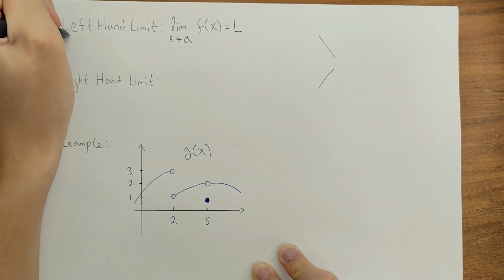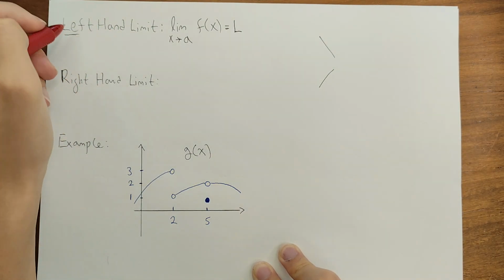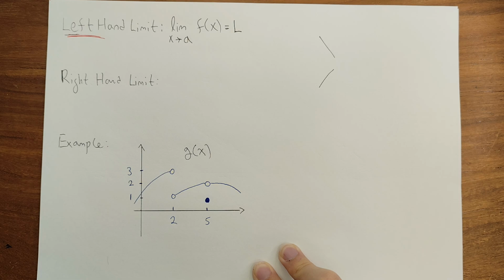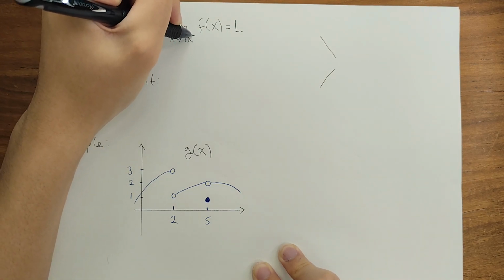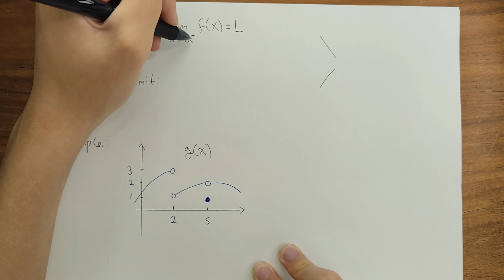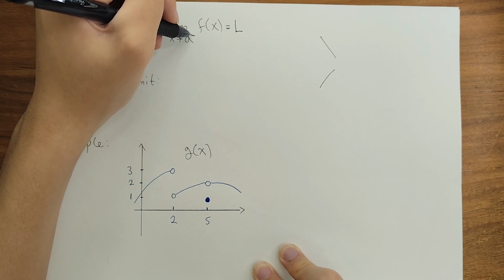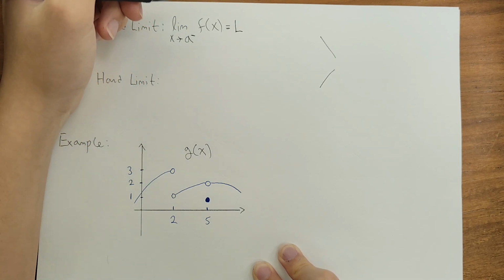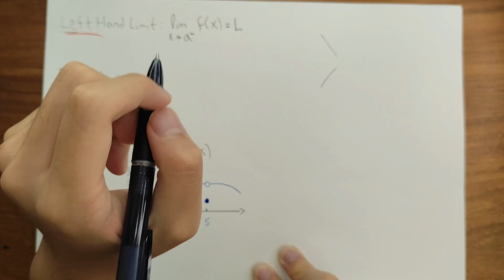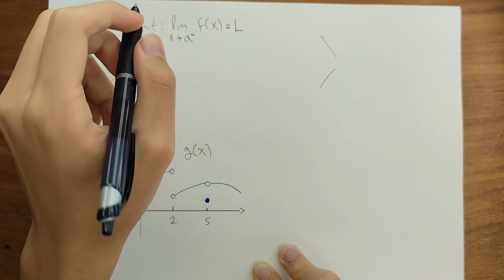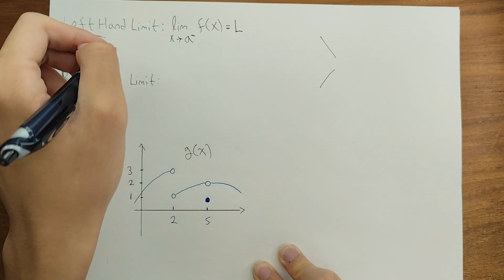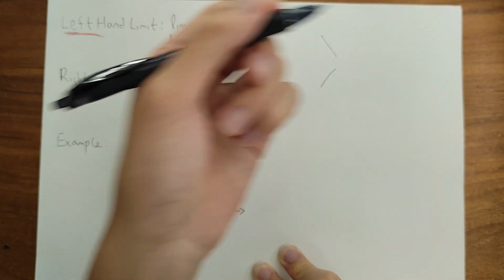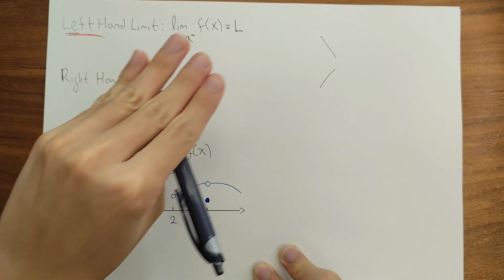To represent a left-hand limit, we add a minus sign on like a power. This means f(x) as x approaches a from the left. So we're approaching a from the left.